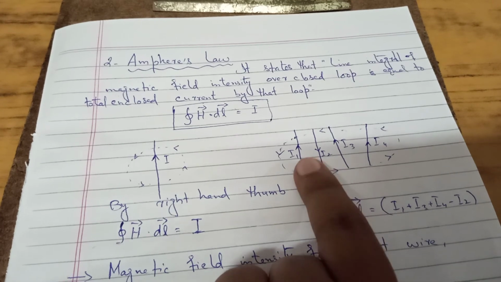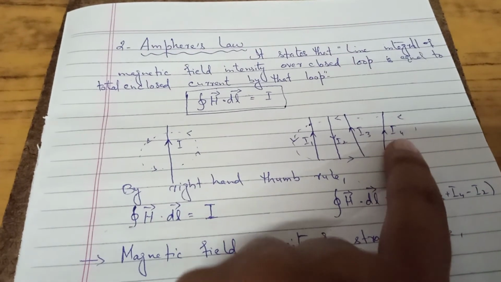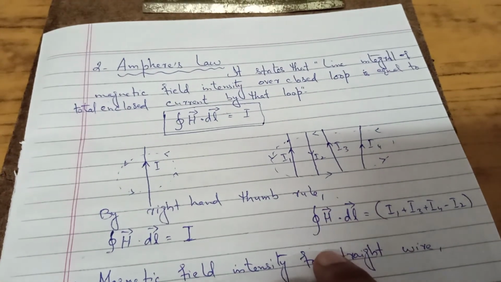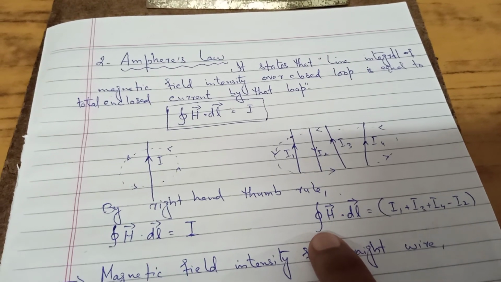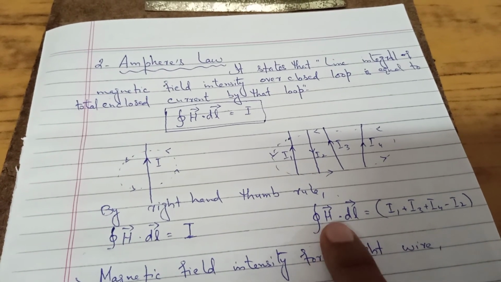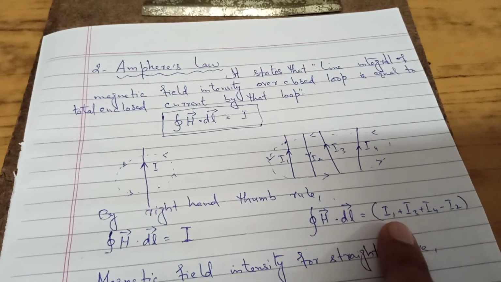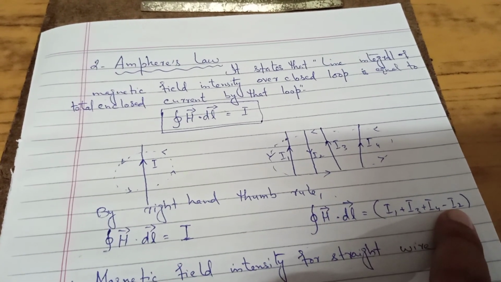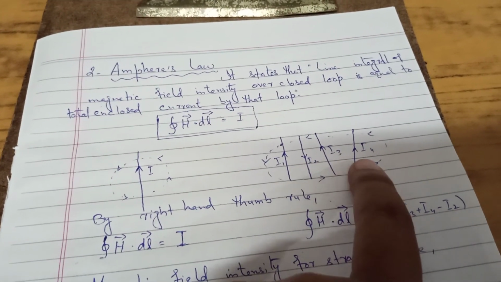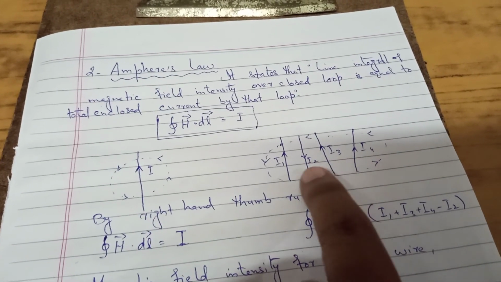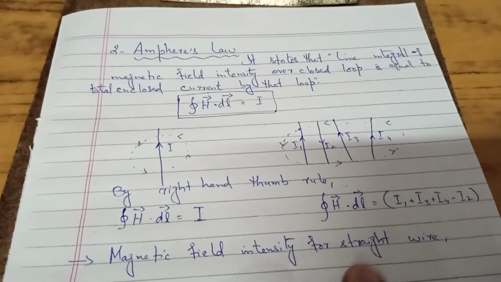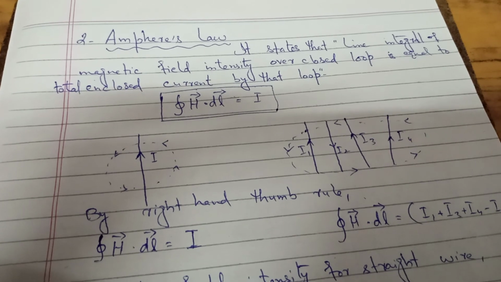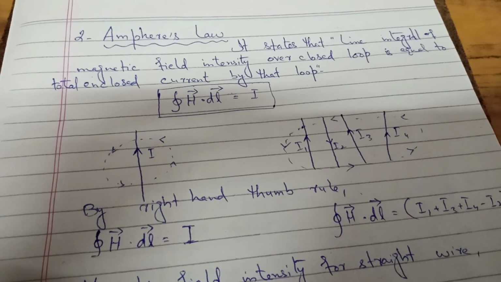If we have more than one wire, I1, I2, I3 and I4, and the magnetic field intensity is flowing in the anti-clockwise direction, then according to Ampere's law, the integral of magnetic field intensity over the closed loop is equal to the total current enclosed by that loop: I1 plus I3 plus I4 minus I2. The negative sign with I2 means the direction of current is opposite. These are the two laws governing the magnetostatic field.